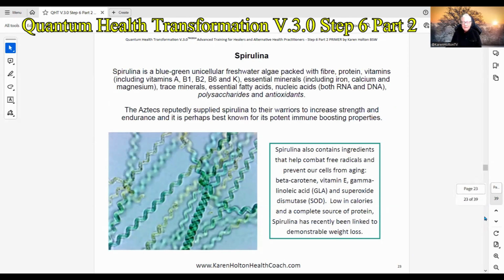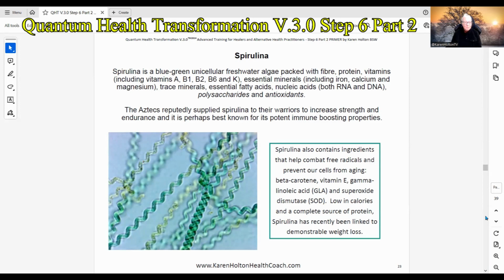More about spirulina. Spirulina is a blue-green unicellular freshwater algae packed with fiber, protein, vitamins, including vitamins A, B1, B2, B6, and K, essential minerals, including iron, calcium, and magnesium, trace minerals, essential fatty acids, nucleic acids, both RNA and DNA, polysaccharides, and antioxidants.